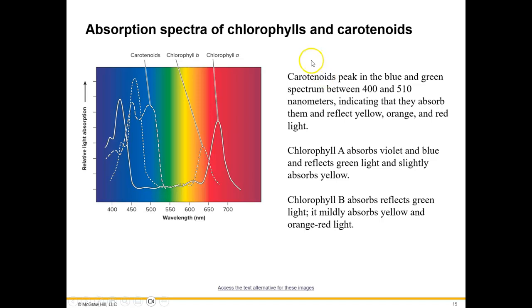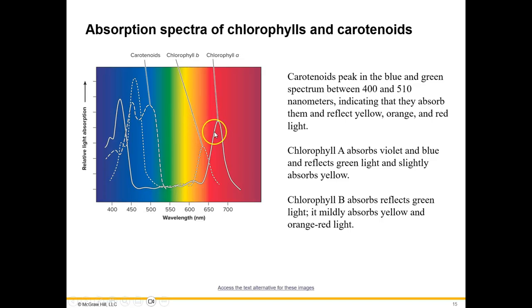Our carotenoids are peaking in blue and green, which means they're absorbing blue and green, because that's where the peak is happening for absorption. That also means they're reflecting everything else over here.